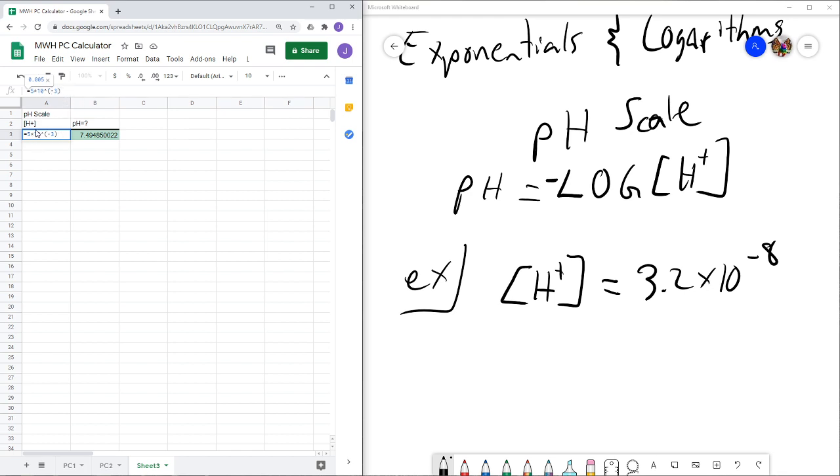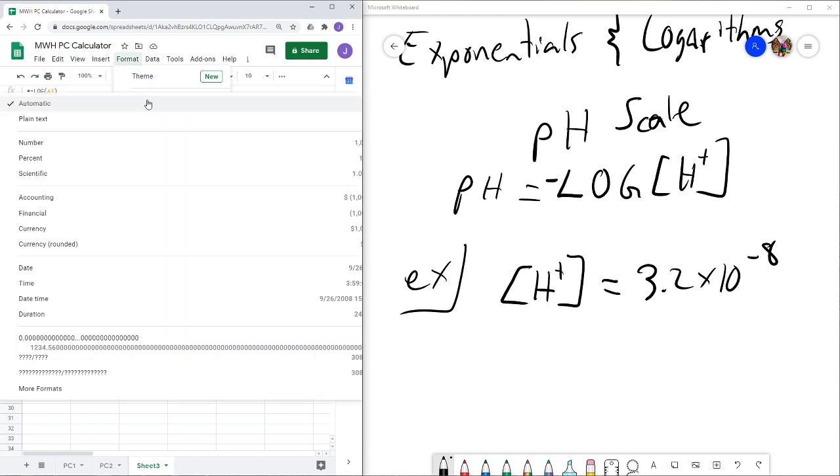You could have hit delete and retyped it, or you just click on this bar right here and change the 5 and the 3. Once we've done our edits, you hit enter, and notice that it automatically updated for a new pH of 2.3.